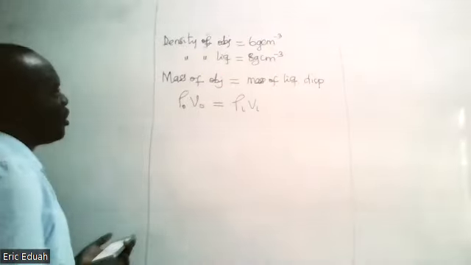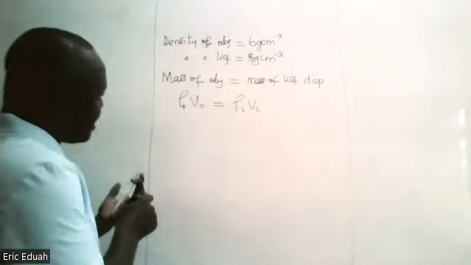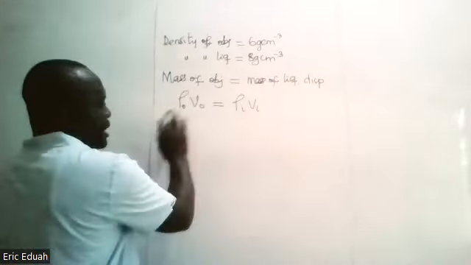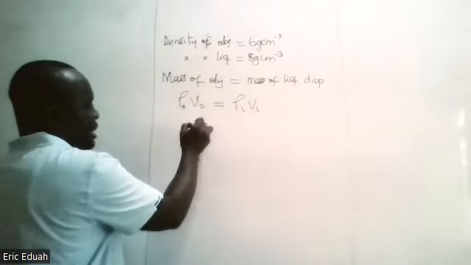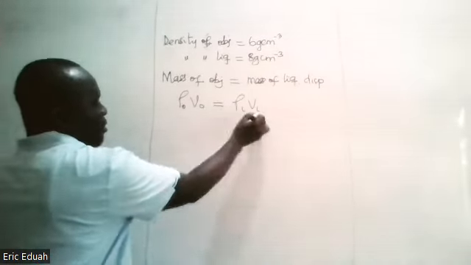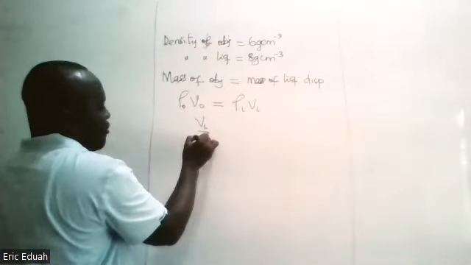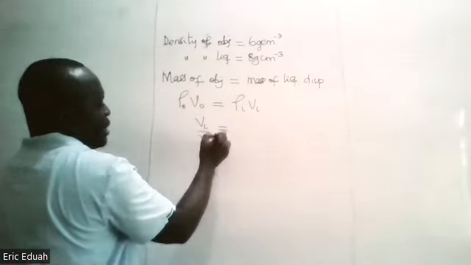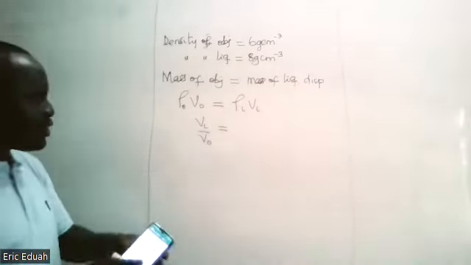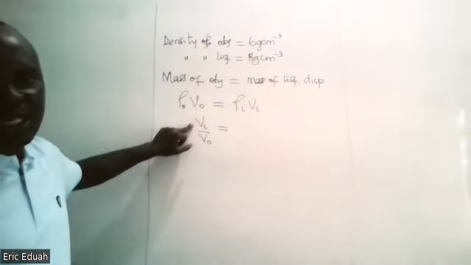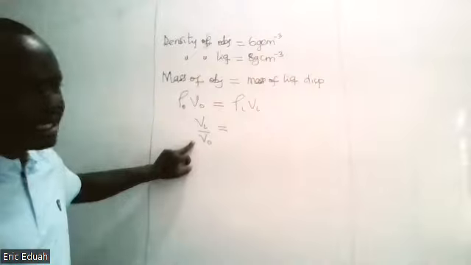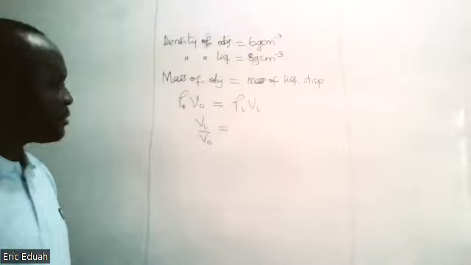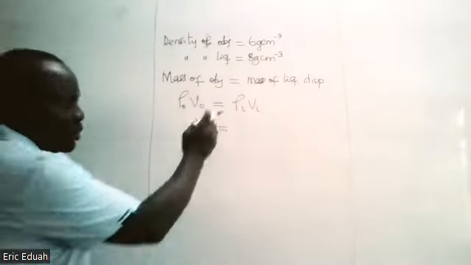Now, let's group densities at one side and volumes at the other side. So if we take a ratio of volume of liquid over volume of object, what will it be in terms of the density?